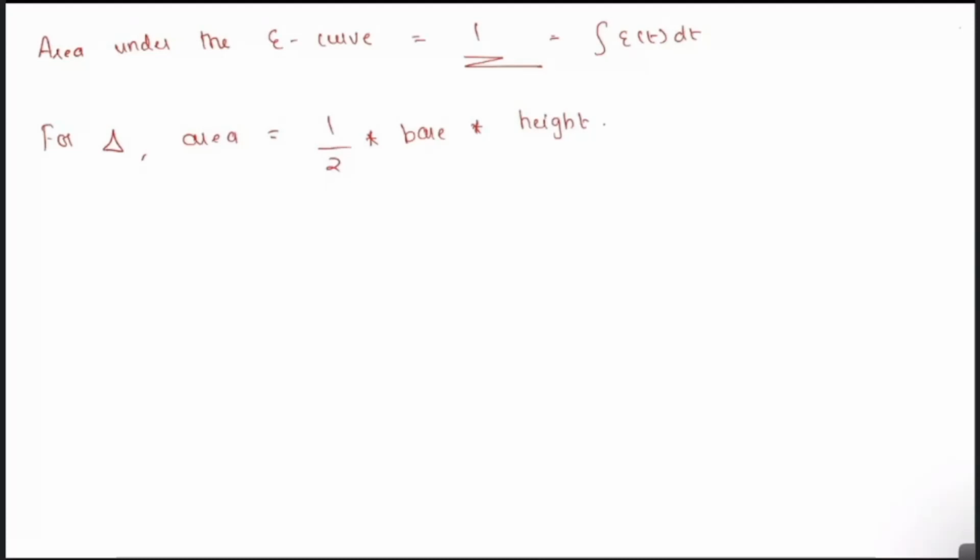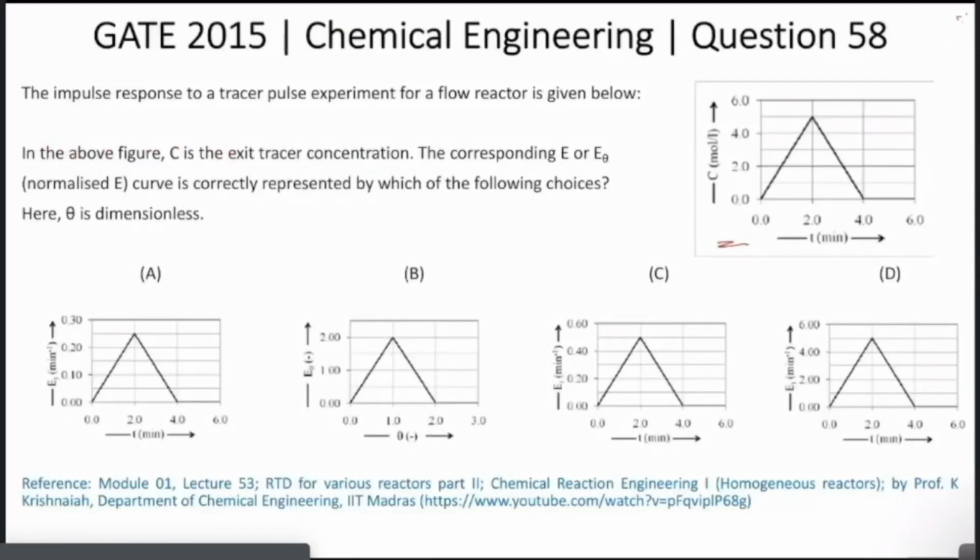So for the first case, the area here is half into 4 into 0.25. So this is basically 1 by 2. So this is not equal to 1. So A cannot be our option.